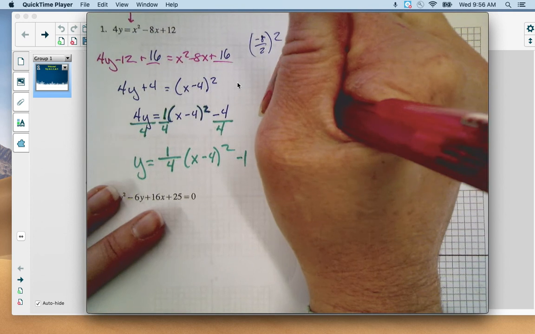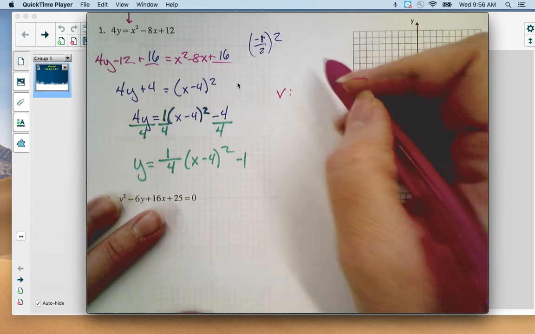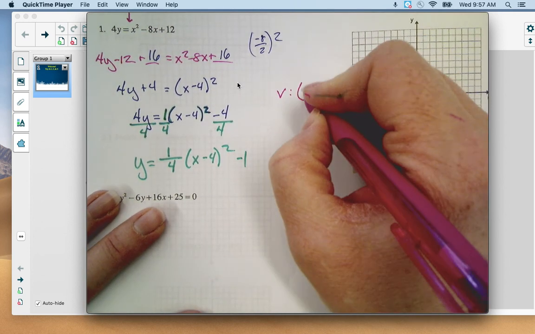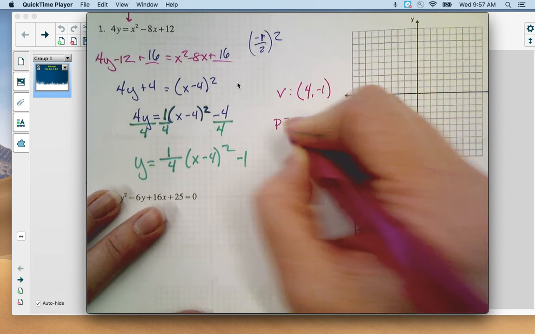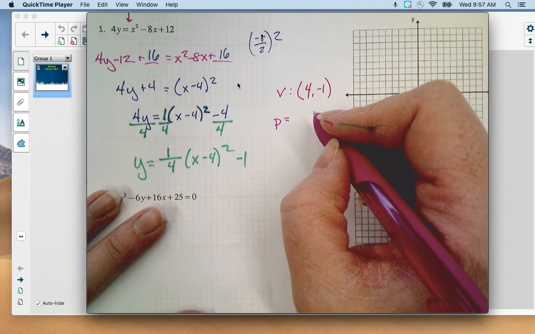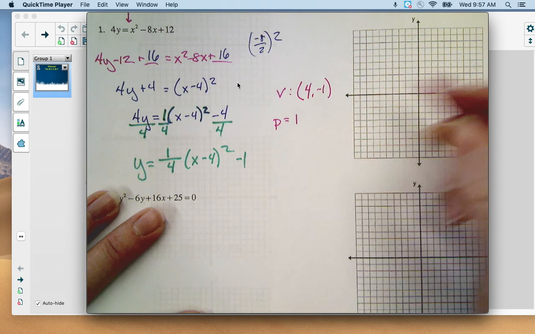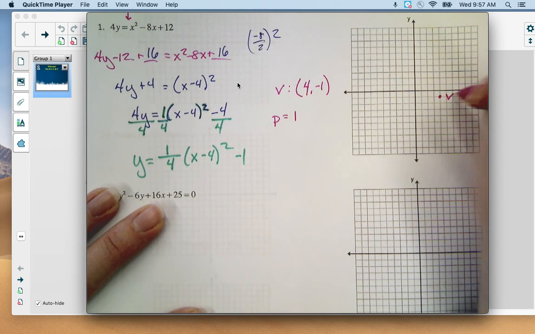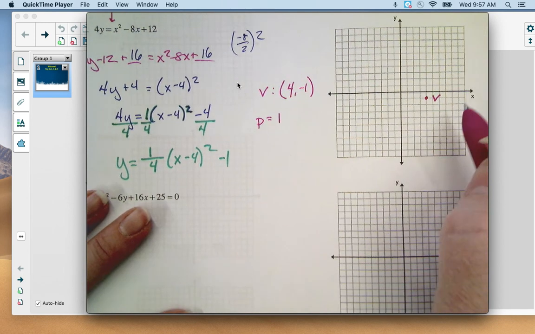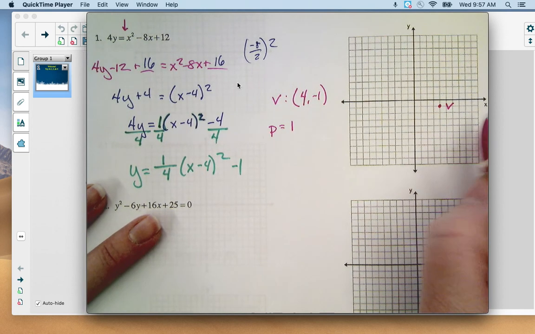Now looking at it, can we identify the vertex? What's your vertex? 4, negative 1. What's your focal length? 1. So I'm going to graph that. 4, negative 1. Label it, that's my vertex. But now I need to know, is this concave up?